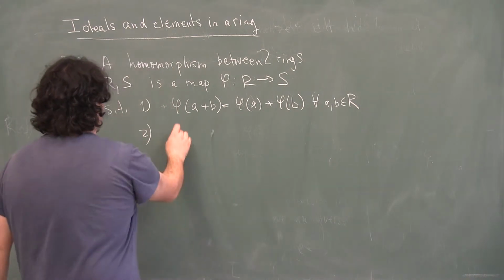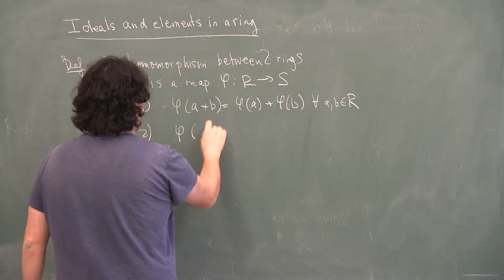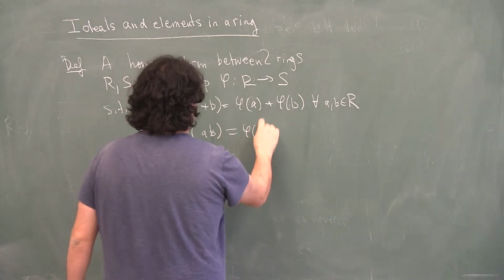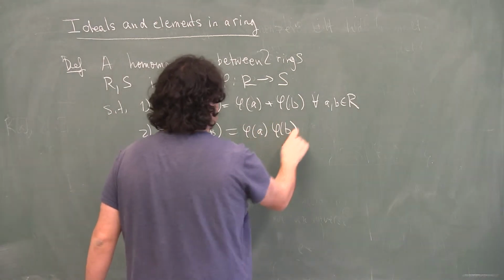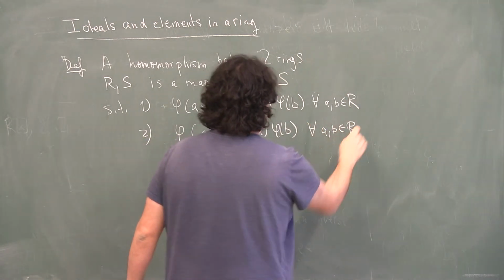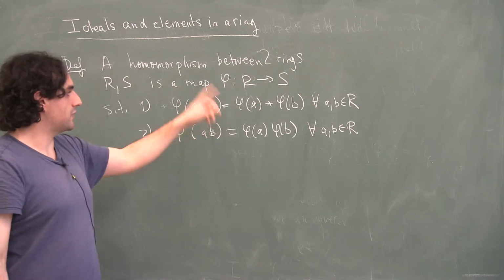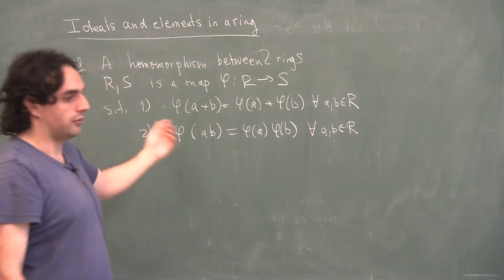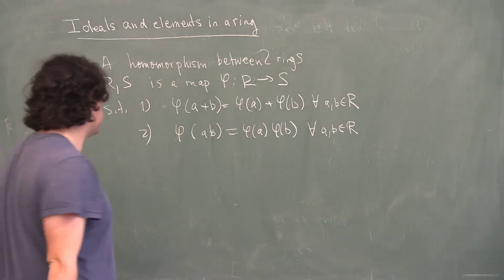And the way to say that is to require that phi of a times b is phi of a times phi of b, again for all a and b in R. So phi of a sum is the sum of phi of the elements. Phi of a product is the product of phi of the elements.